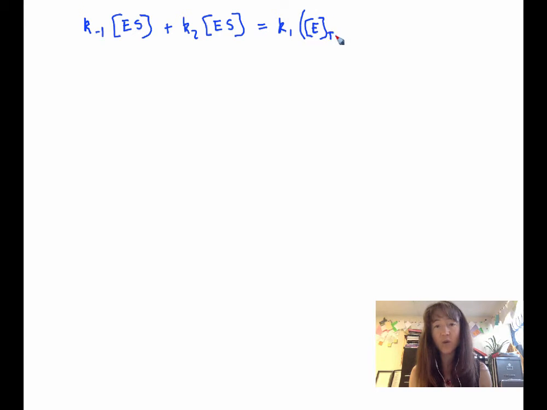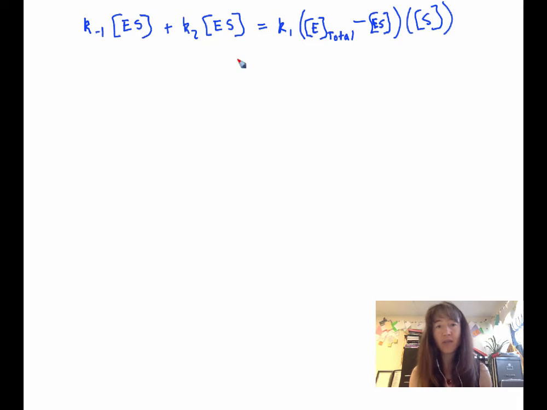So enzyme total minus enzyme substrate would be another expression for enzyme free. And then, of course, that whole thing was times the concentration of substrate.